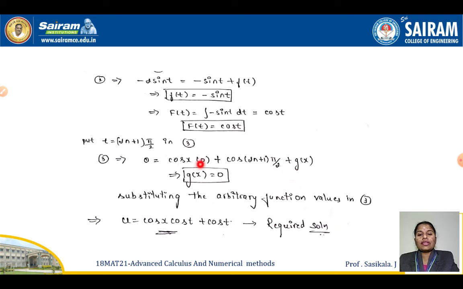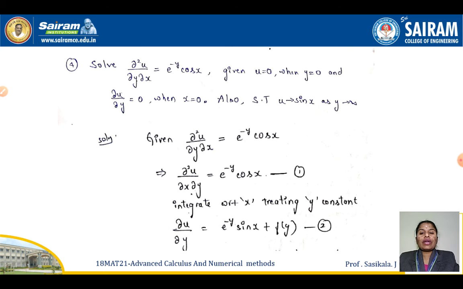So all these terms go to 0, and the g of x value will be 0. Substitute the arbitrary functions, that means only small f of t and capital F of t, in u. u is cos x cos t plus cos t. So you can write cos t as common: cos t times (1 plus cos x) is your required solution.